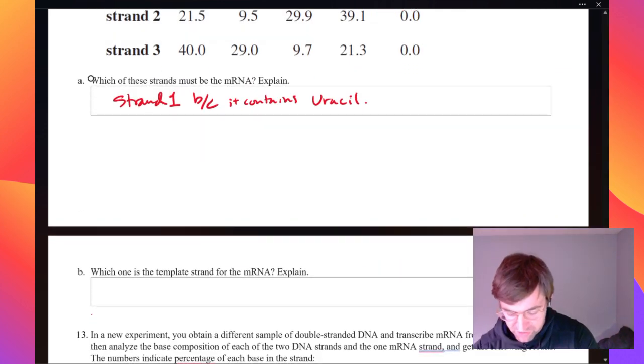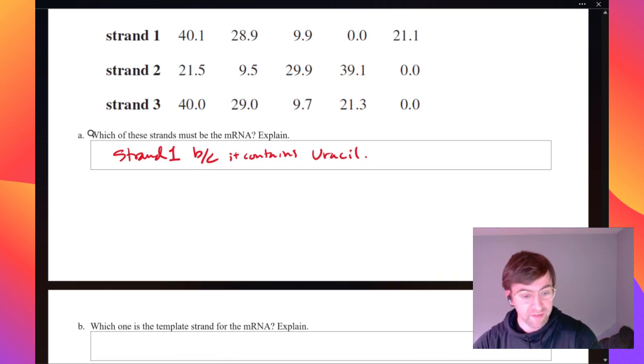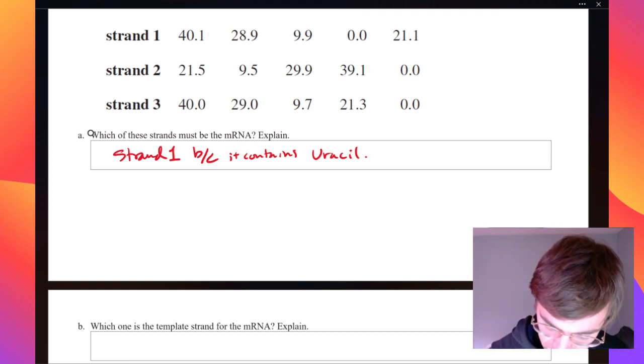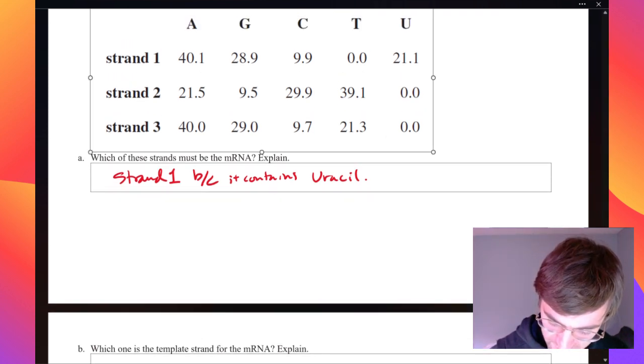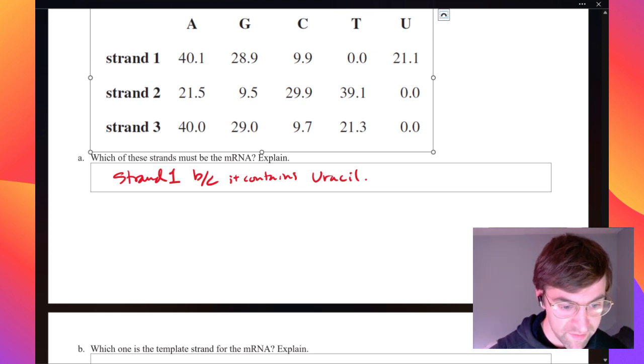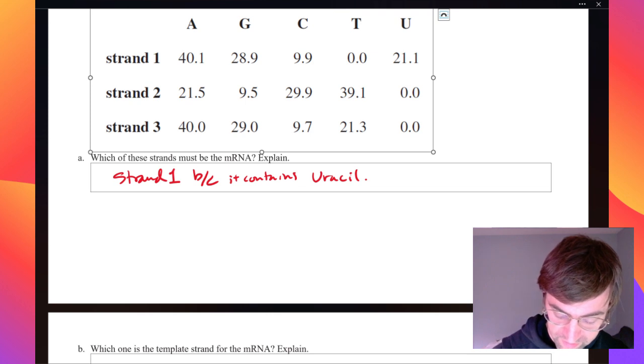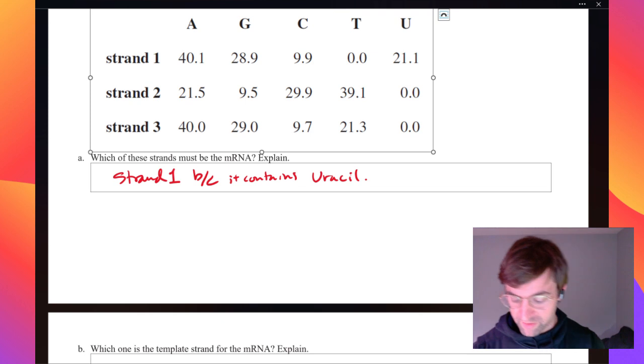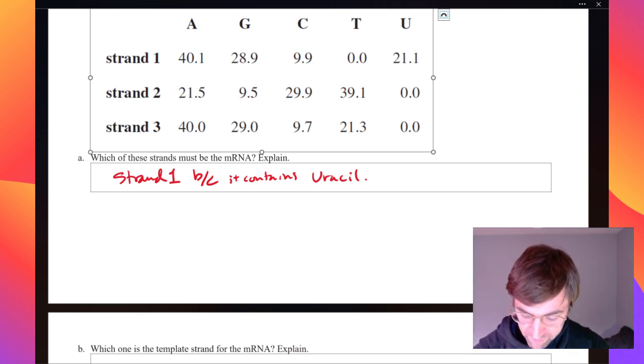Which one is the template strand for the mRNA? Explain. Well, looking at this, strand 2 appears to be the complement for strand 1.